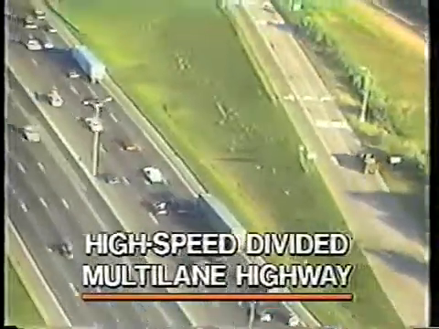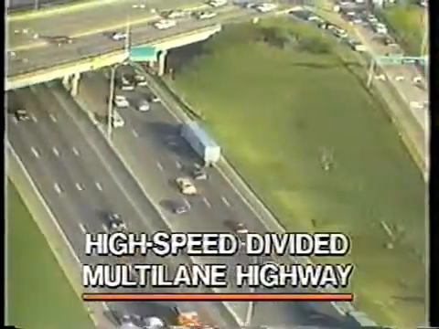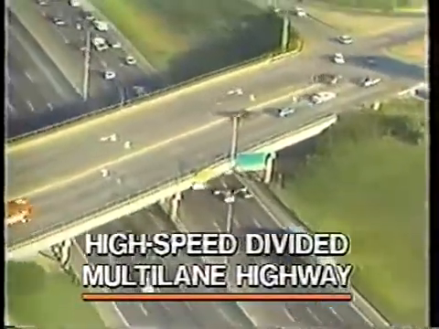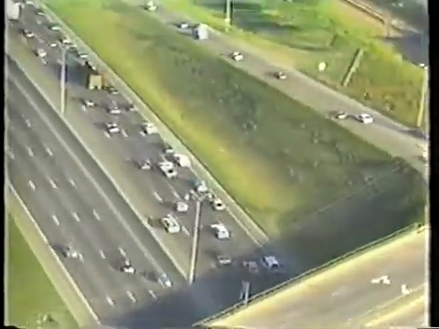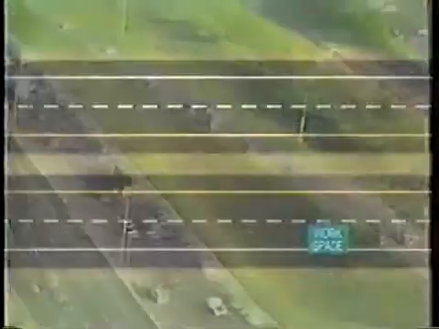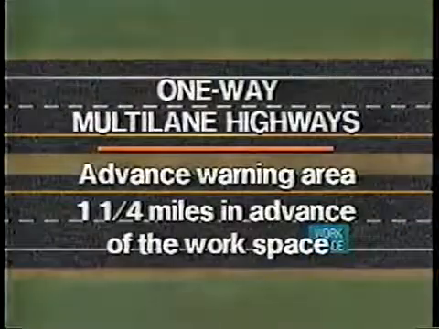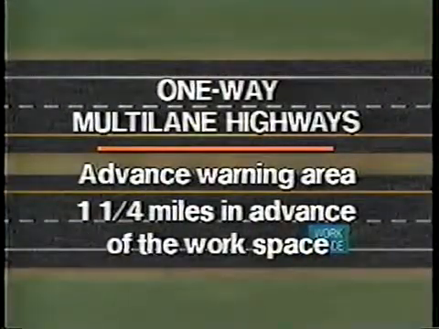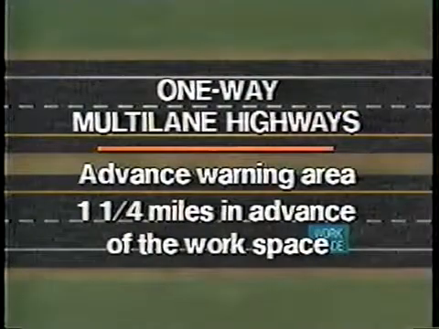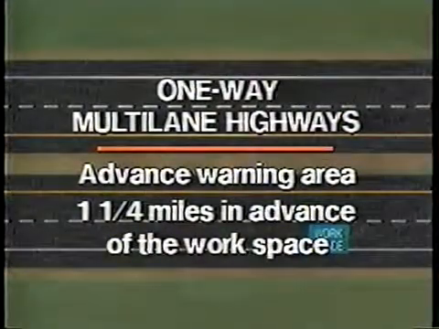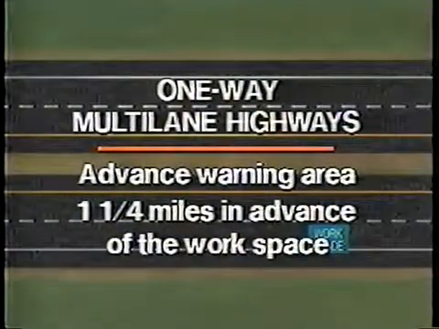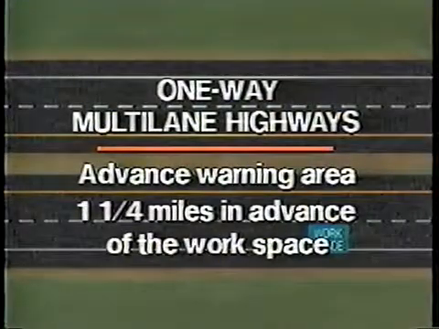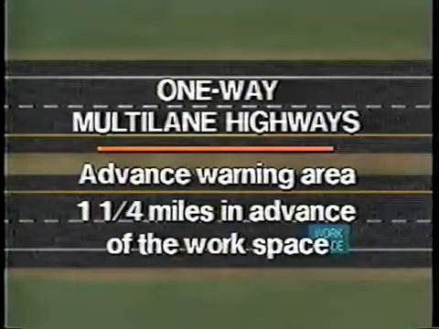The next example will be on a high-speed divided multi-lane highway where the work being done requires the right lane to be closed. The first element installed is the advance warning area, approximately 1¼ miles in advance of the workspace. In the previous examples, the advance signs were installed only to the right of the approaching traffic.